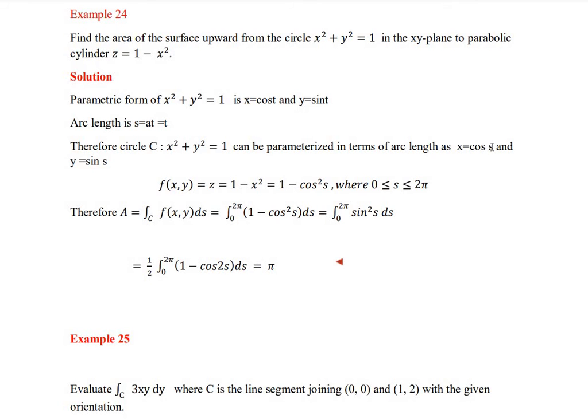So x = cos s and y = sin s; here, instead of t, we use the parameter s. Therefore f(x, y) is equal to z, which is 1 − x², that is 1 − cos² s, where s varies from 0 to 2π. It's a circle, so the area A is the integral over C of f(x, y) ds, that is the integral from 0 to 2π of (1 − cos² s) ds. When we evaluate this, you will get π.